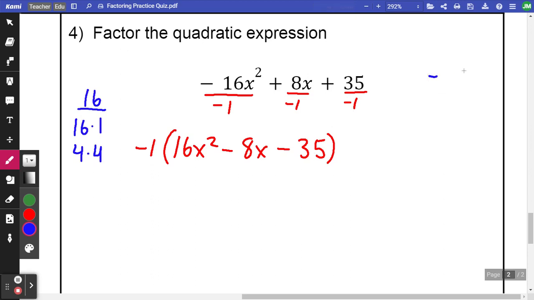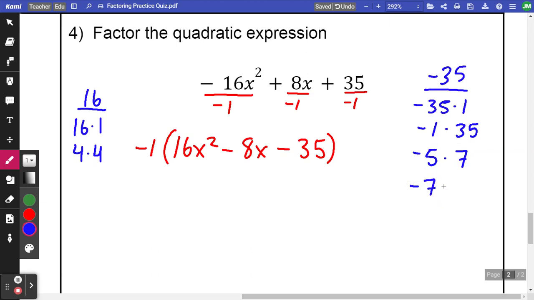So for c we have -35, and we'll just list out 4 scenarios here where we have -35 times 1 and then -1 times 35. And if they come close, we'll switch the signs here. -5 times 7 and -7 times 5.